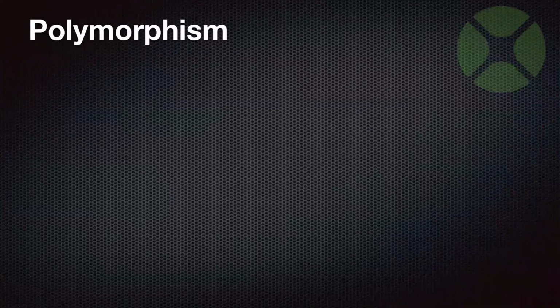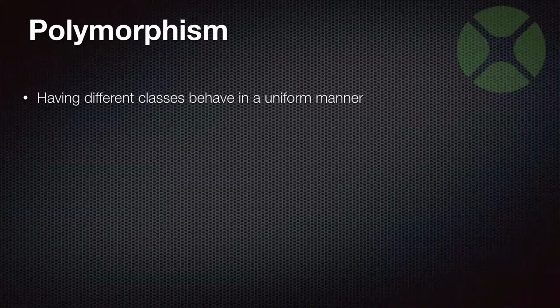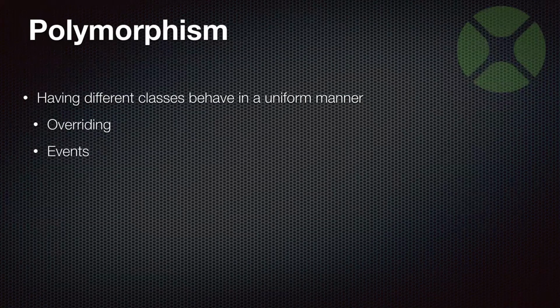And the last thing I want to touch on, it wasn't on my list, is something called polymorphism. And this is kind of a bonus object-oriented feature, but all of the stuff I've described gives you this capability, and it essentially allows you to have different classes behave in a uniform manner. And you can do this by taking advantage of overriding in combination with inheritance.